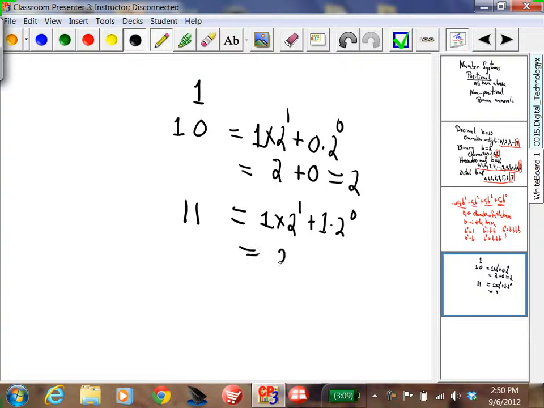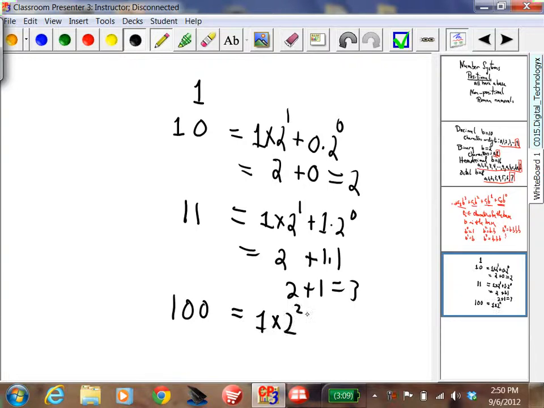That's 2 plus 1. That's 3. 4 is 1, 0, 0. That's 1 times 2 squared plus 0 times 2 to the first power plus 0 times 2 to the 0 power. That's 4 plus 0 plus 0.